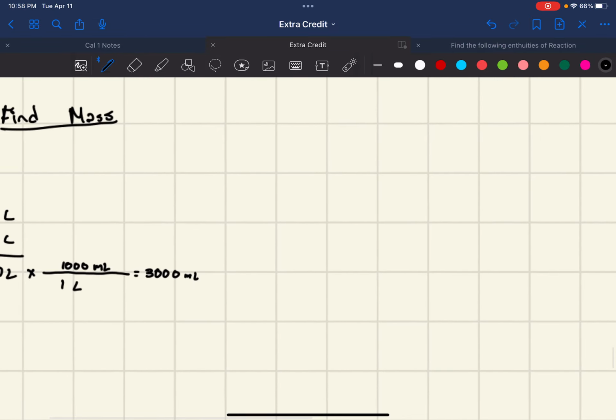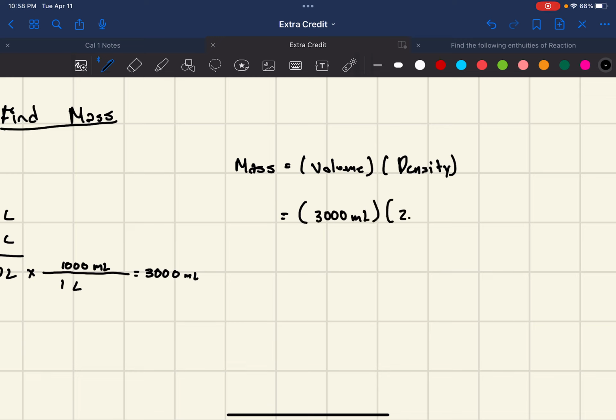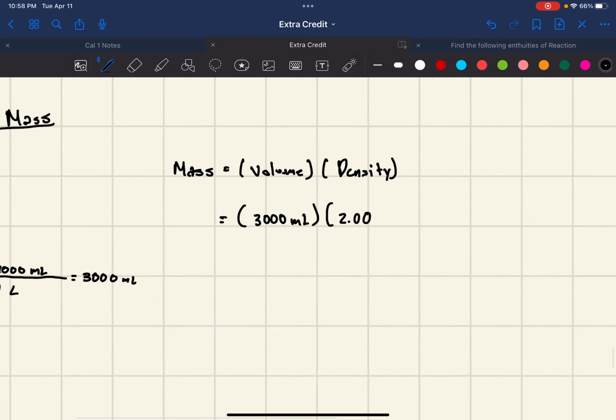So the formula for mass is mass equals volume times density. And guys, please don't forget your units. So this is going to be 3,000 milliliters times 2.00 grams per milliliter.